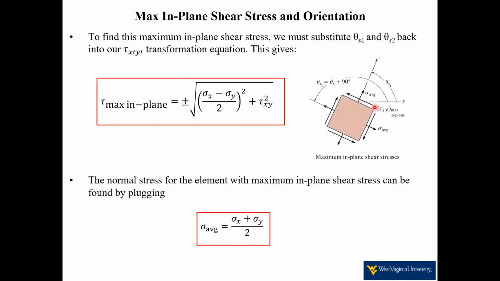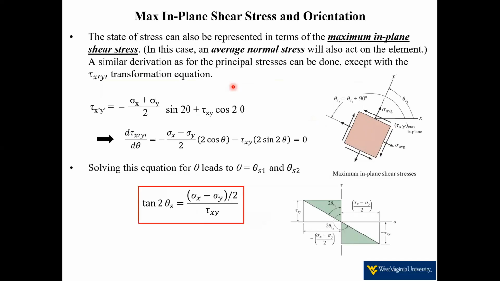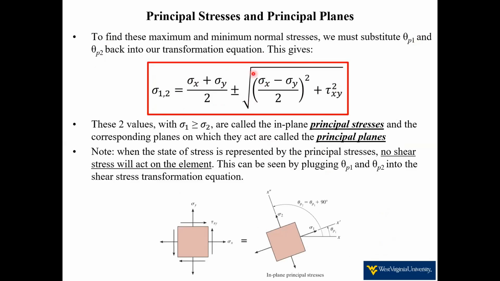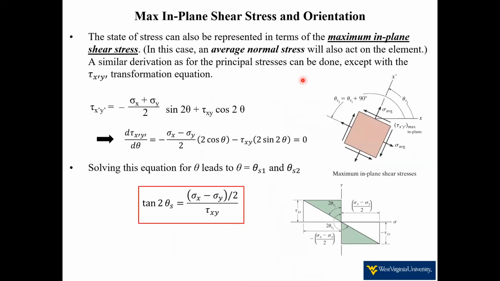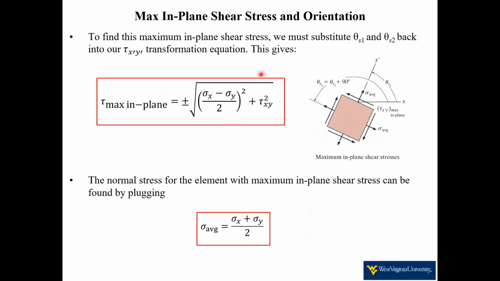It's just that if you go 90 degrees, it's going to be the negative of the previous shear stress. So this is your equation. And again, if we go back a couple slides, it's the same as the radical we had to find your principal stresses. And we'll see what the implications of that mean in the next set of lecture slides.